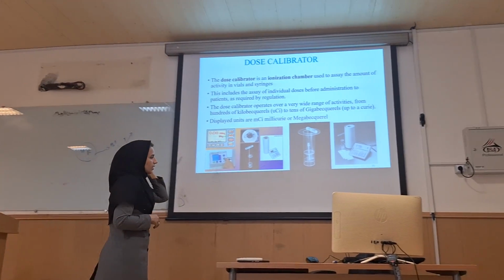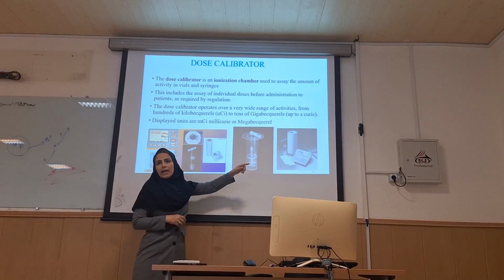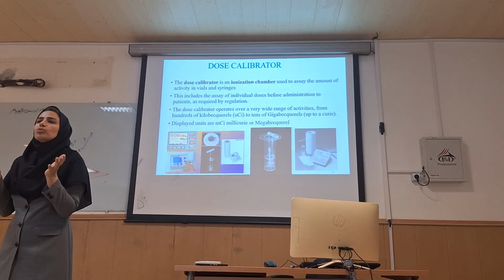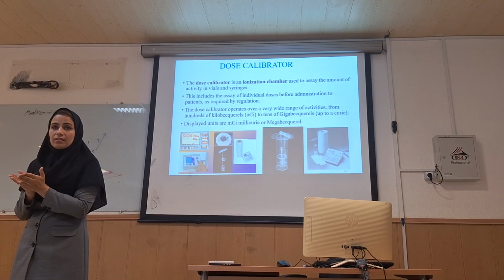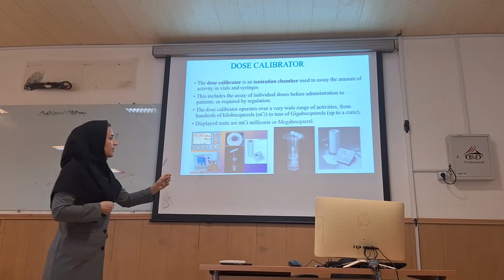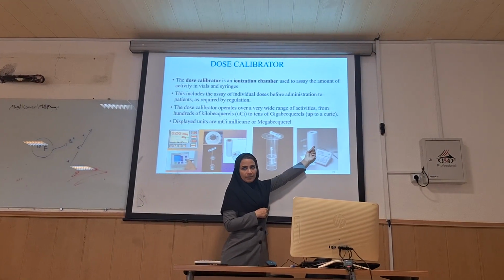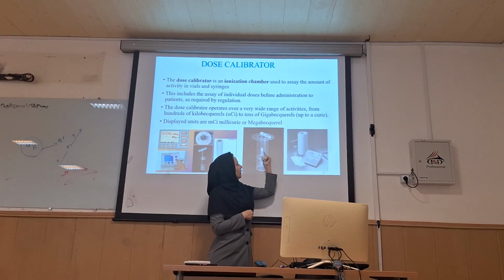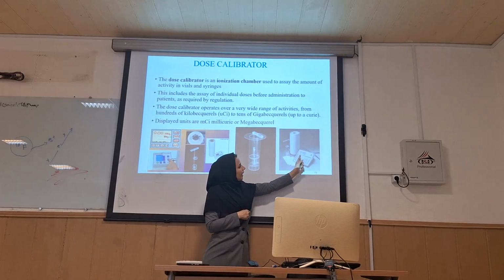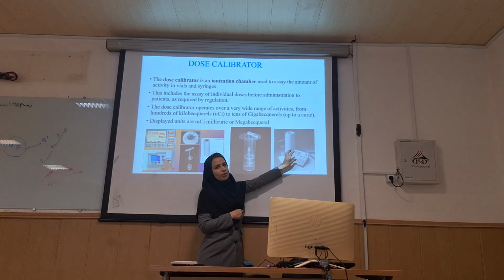For example, here is a vial or syringe, and I insert my radioactivity here, but I don't know how much, in millicuries. I insert these vials into this holder, and put the holder in the dosimeter, which has a digital control panel.